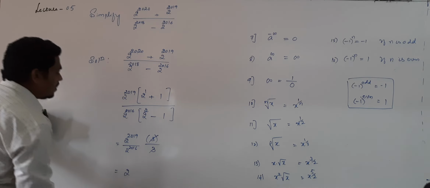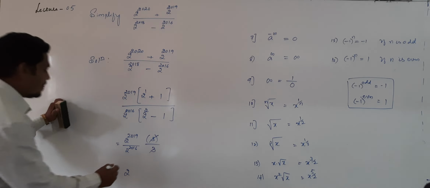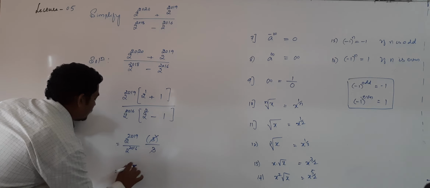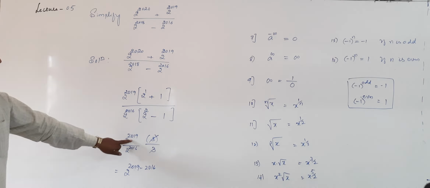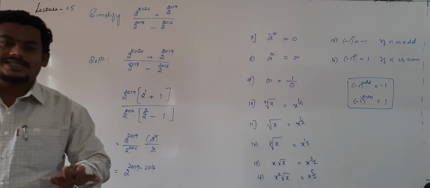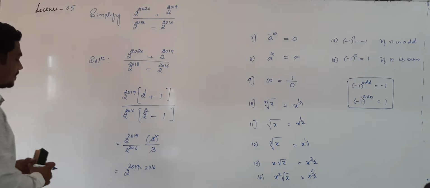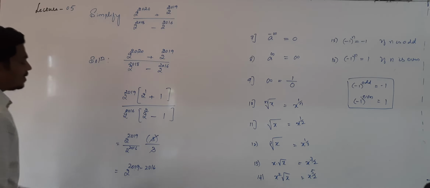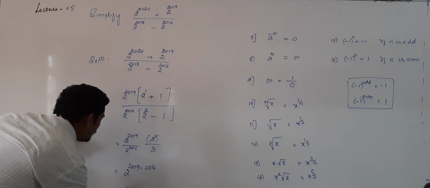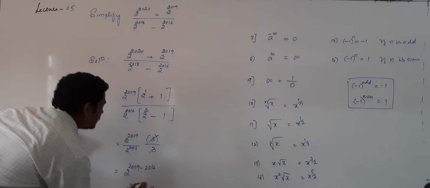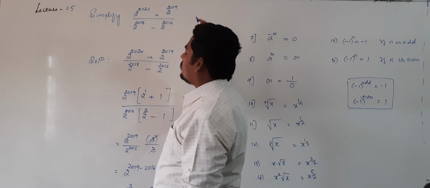Apply the property: a power m divided by a power n is a power m minus n. Instead of a, we have 2. So 2019 minus 2016 gives 2 power 3. What is the value of 2 power 3? That is 8. Its simplest form is 8, meaning this expression value is equal to 8.